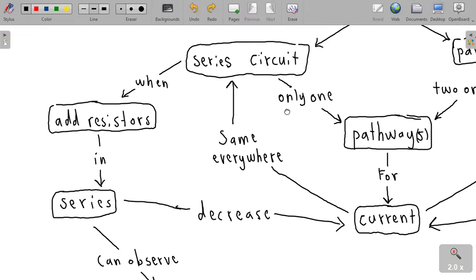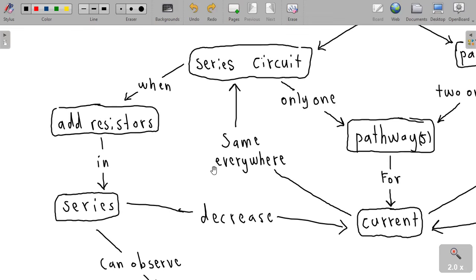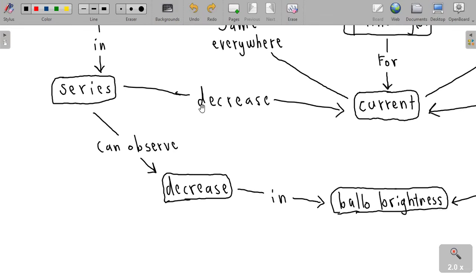In a series circuit, the current is the same everywhere. When you add resistors in series, you decrease the current, and you can observe a decrease in bulb brightness.